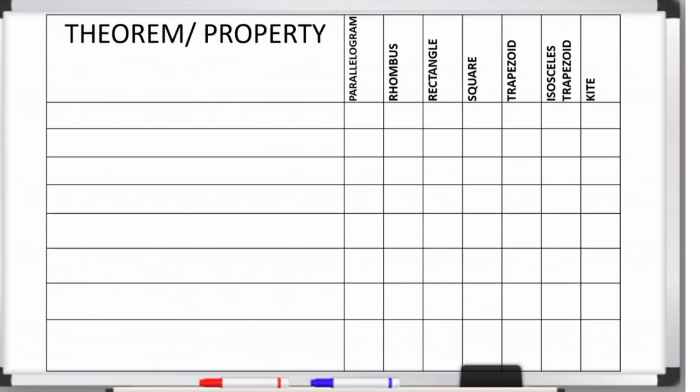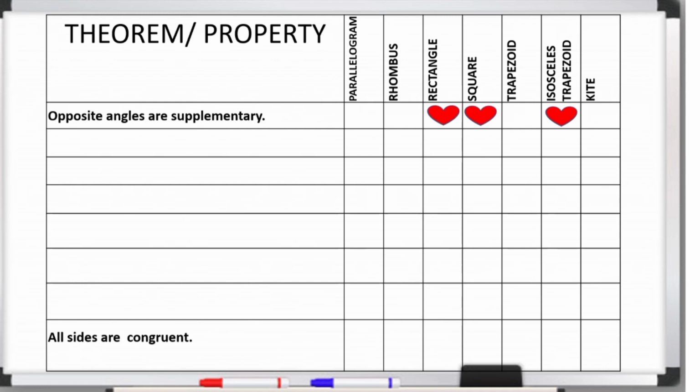Let us have a quick review. Direction: draw a heart in the corresponding box or boxes below the quadrilaterals if the theorem or property is always true to them. Which quadrilateral has opposite angles are supplementary? So we have rectangle, square, and isosceles trapezoid.